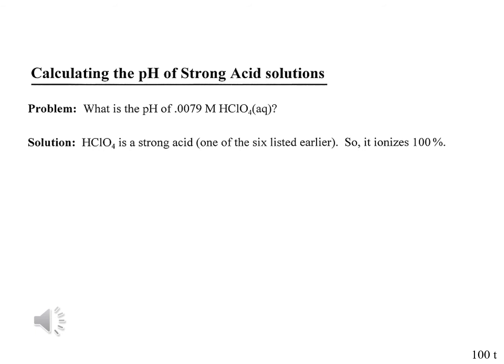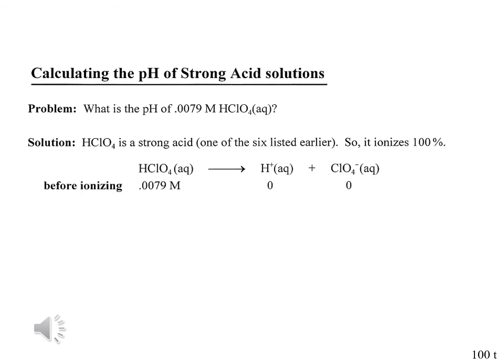HClO4 is going to ionize 100%, which means that if you start with it unionized, after it splits apart, there's not going to be any of the molecules left. And as we talked about last class, when you split apart 1 to 1, the 2 ions are going to be exactly the same concentration as what you started with.